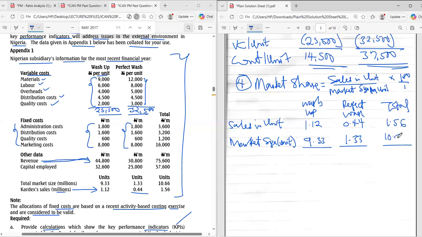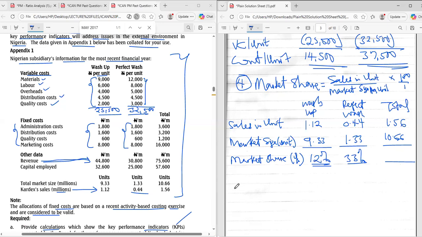12%. That's 3.1. Next, 1.56 over 10.66. What do you get?